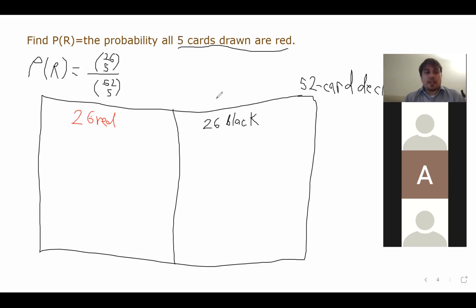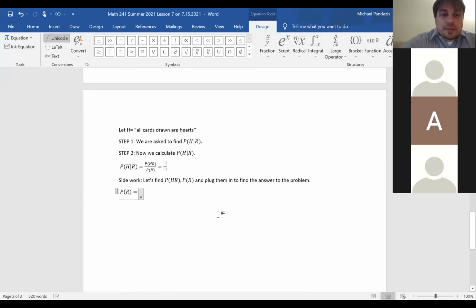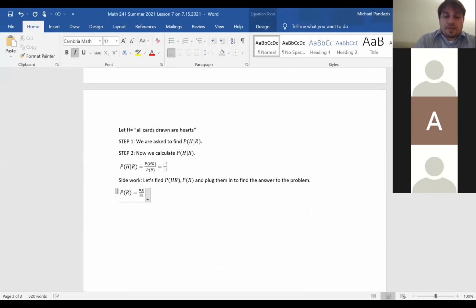Okay, so let me write that down on the whiteboard. So the probability of red is equal to N sub R divided by capital N, right? N sub R is the number of 5 card hands that are all red.